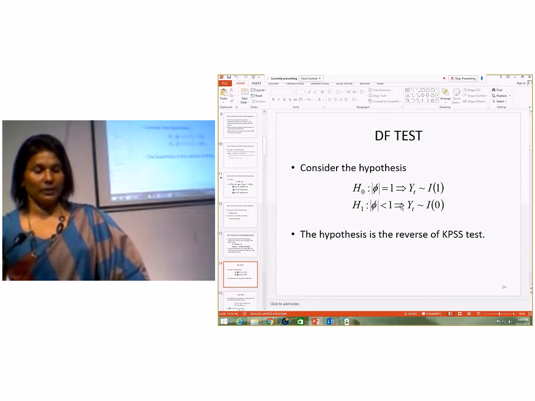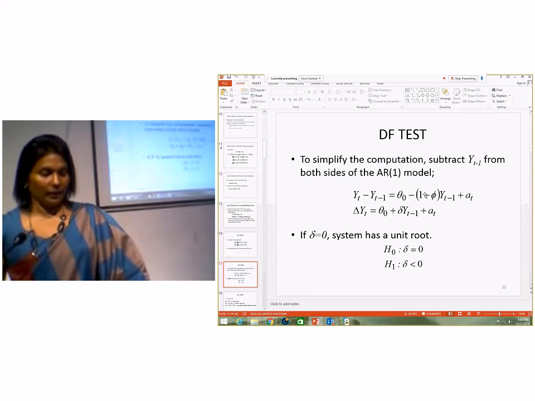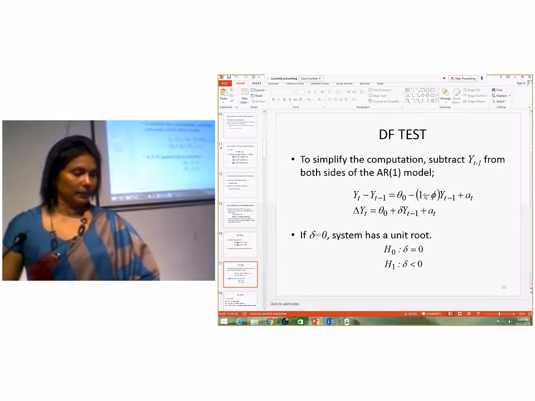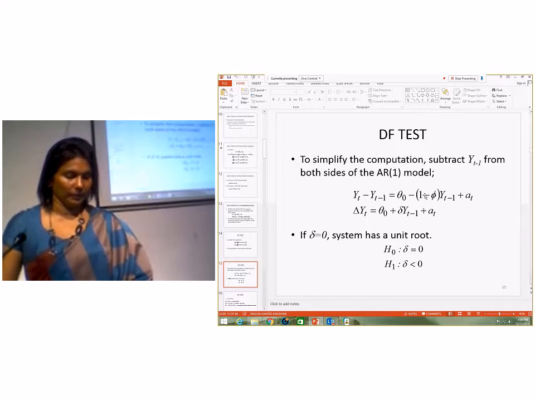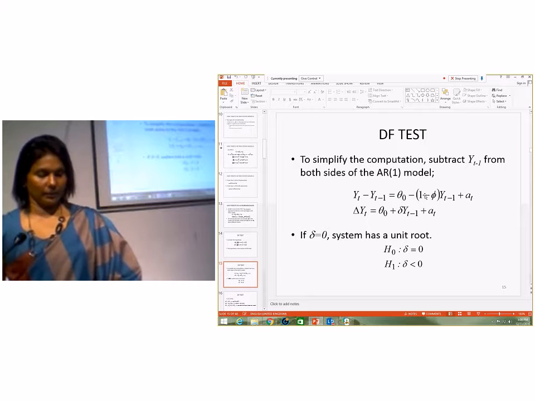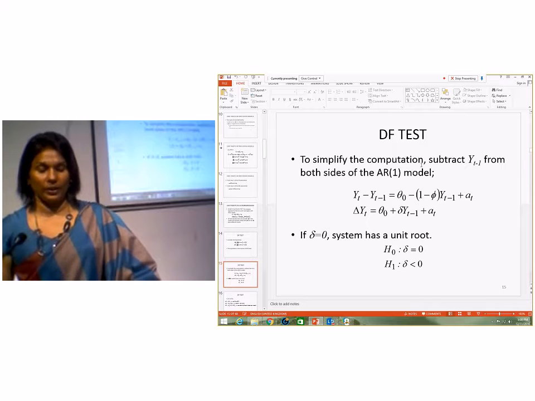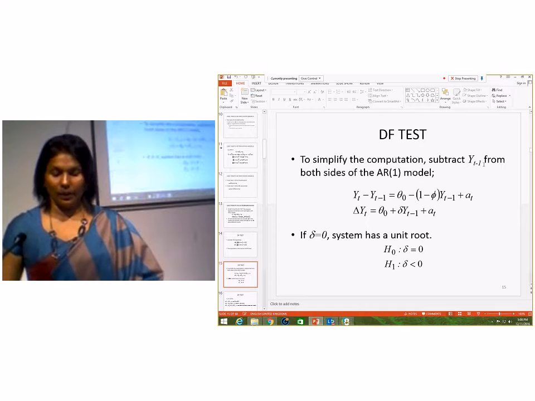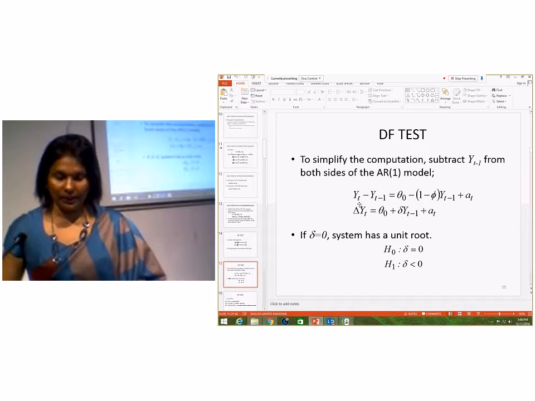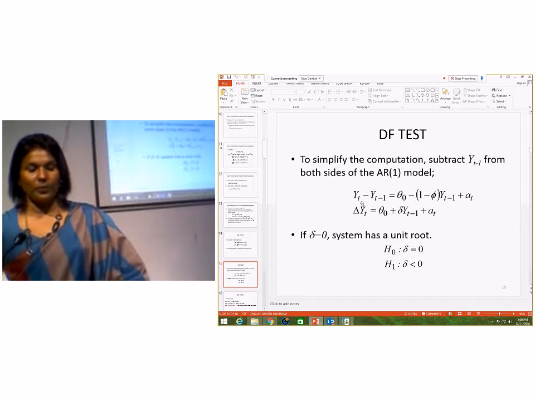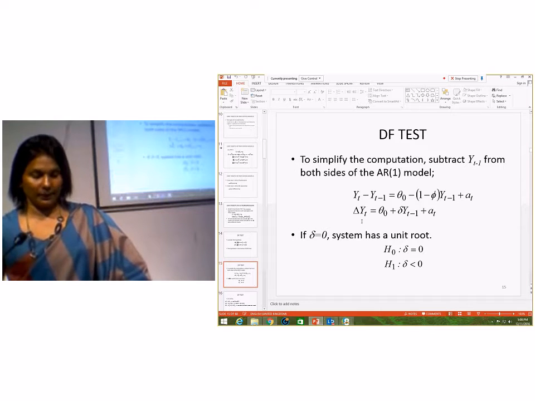Right, this is the hypothesis of the Dickey-Fuller test. To simplify the computation, we subtract yt minus 1, the lag value of the dependent variable, from both sides.